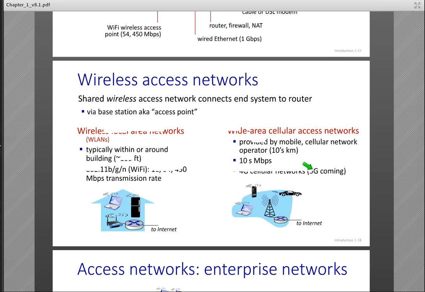Why? Because in 5G we have this problem, and we can see that only Chinese companies are developing 5G platforms.